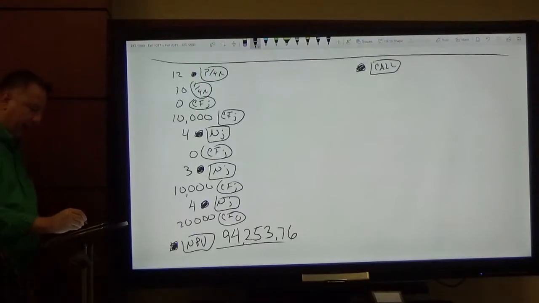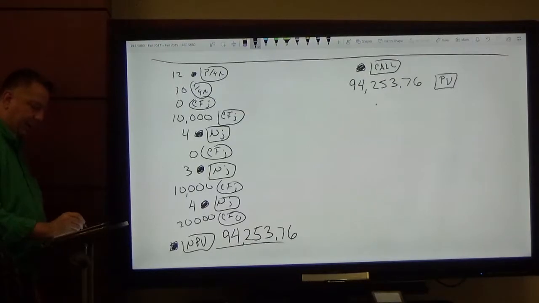All right. So now you're going to clear everything out. Then you're going to put that amount back in, 94,253.76, in essence as our present value. Then you're going to put in 10% as the interest rate.